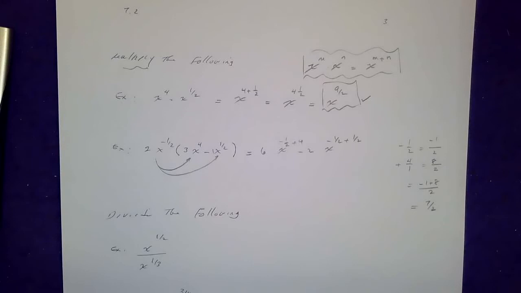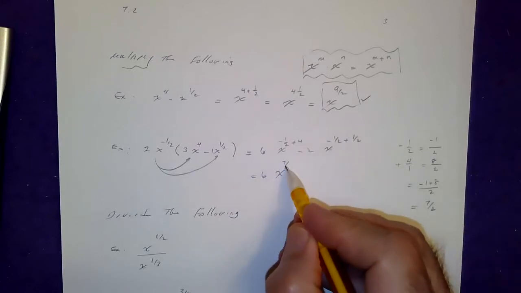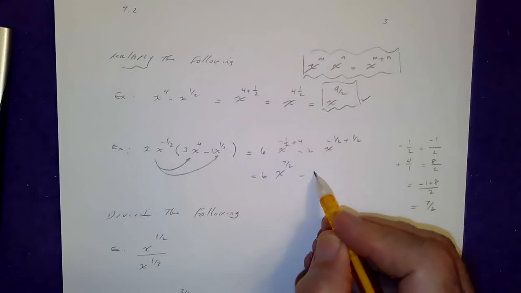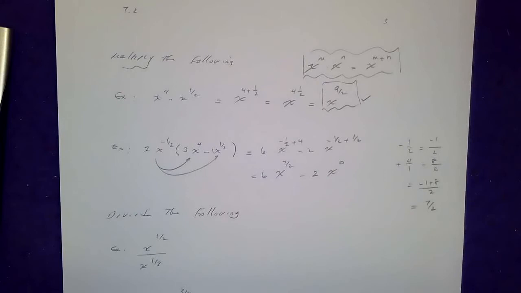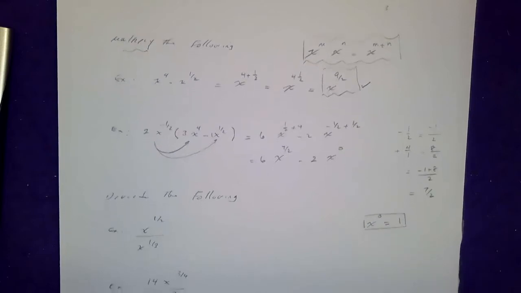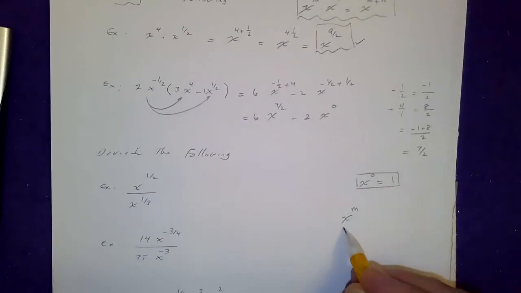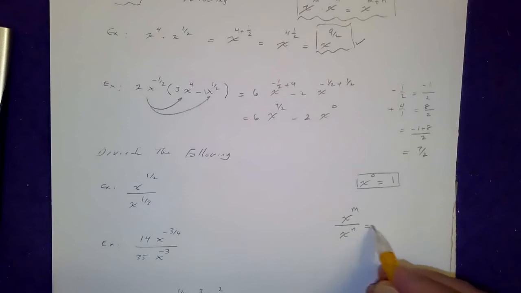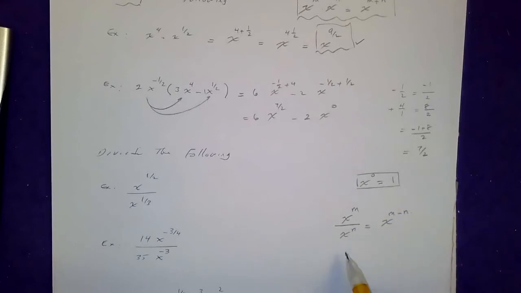So this would be 6 times x to the power of 7 halves minus 2x to the power of 0. But remember, x to the power of 0 is 1. Why is that true? Well, remember when you divide exponents, you're supposed to subtract the powers, correct?